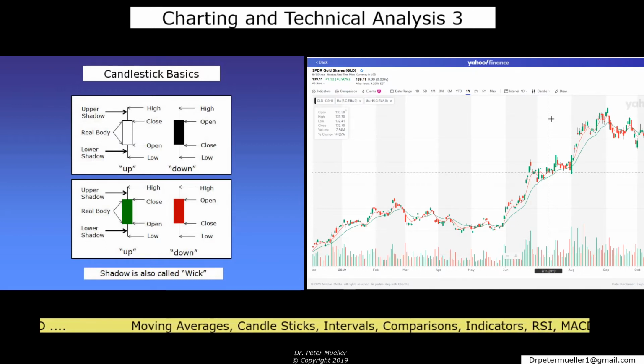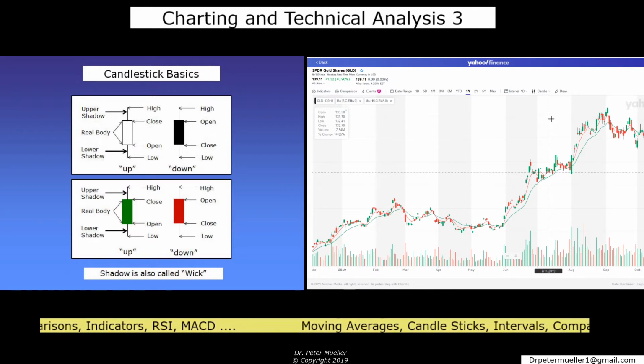And you see also what is called the so-called body, which shows you the price difference between the open and the close of a day. And then you have these small little shadows up and below, which represent the so-called shadow or wick. And this shows you the highest and the lowest point of the day.